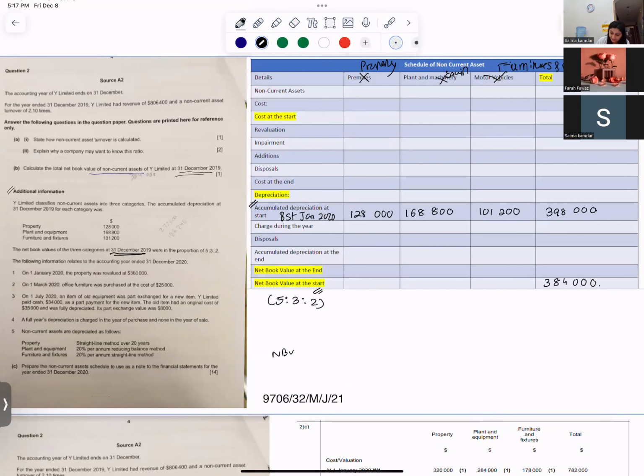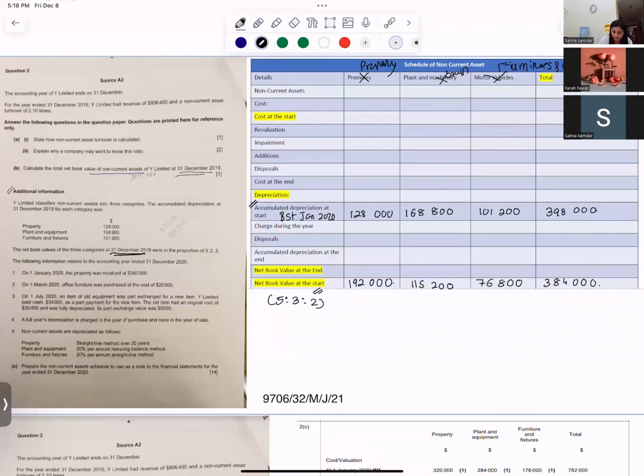How did you get that? 384,000 into 5/10. Yeah. So what is the net book value? 192,000. For plant and equipment, it is 115,200. And for furniture and fixtures, it is 76,800. Yes. Are you with me?